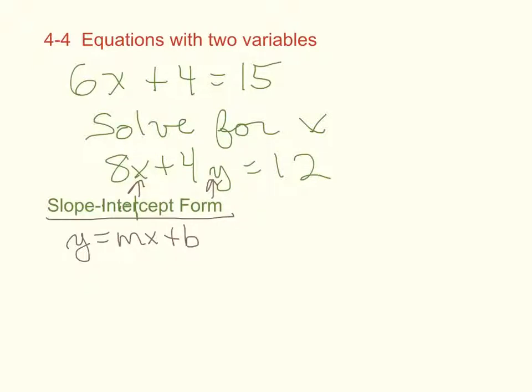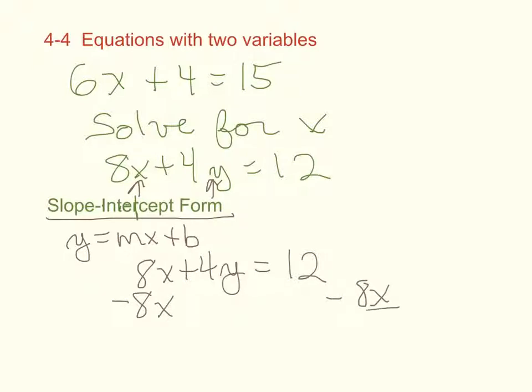So let's take a look at the example above that we had, the 8x plus 4y is equal to 12, and let's try to put that into slope-intercept form. The first thing I notice about slope-intercept form is that the y is on one side of the equation by itself. So I want to get y by itself. I can do that by subtracting 8x from both sides.